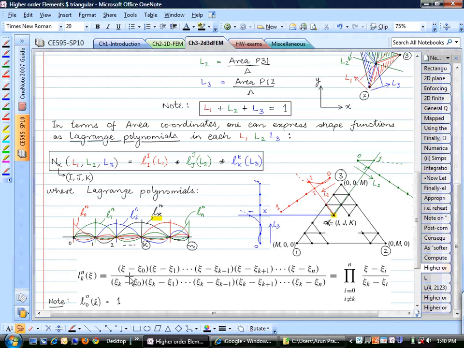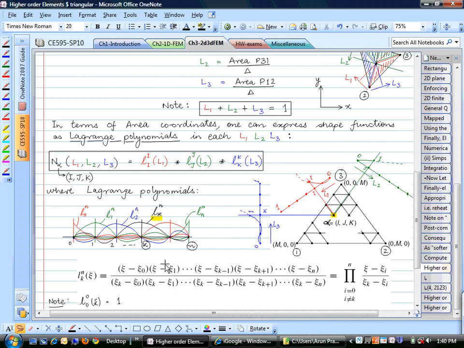So this is C0, and let's say this is a function of C. So C minus C0 immediately means that whatever function we are constructing will go to 0 at 0. C minus C1, that means it goes to 0 at 1. C minus C2, that means it goes to 0 at 2. The term C minus CK is missing in here, so it will not go to 0 at k.